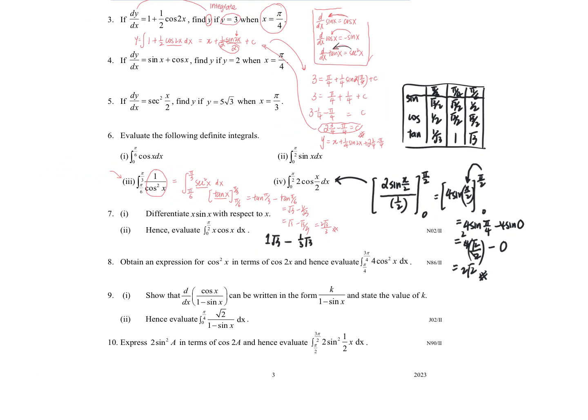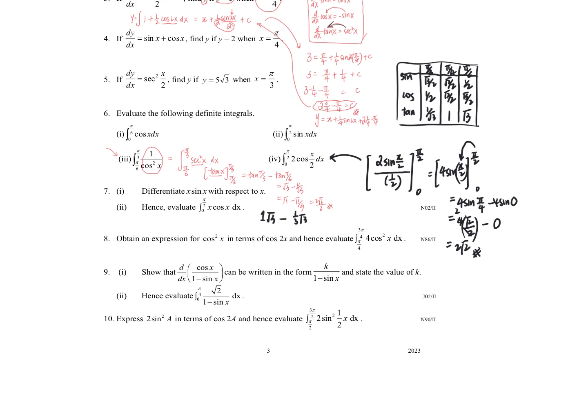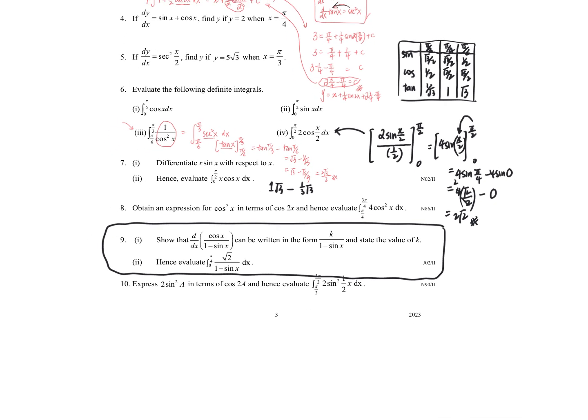Okay? Okay, let's look at one more. Maybe this one looks more complicated. Let's look at 9. Okay, so let's say the question asks us to differentiate this. So we use what rule?